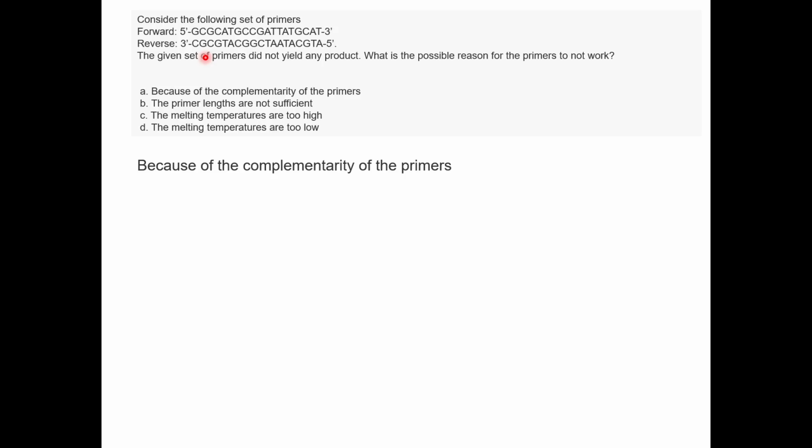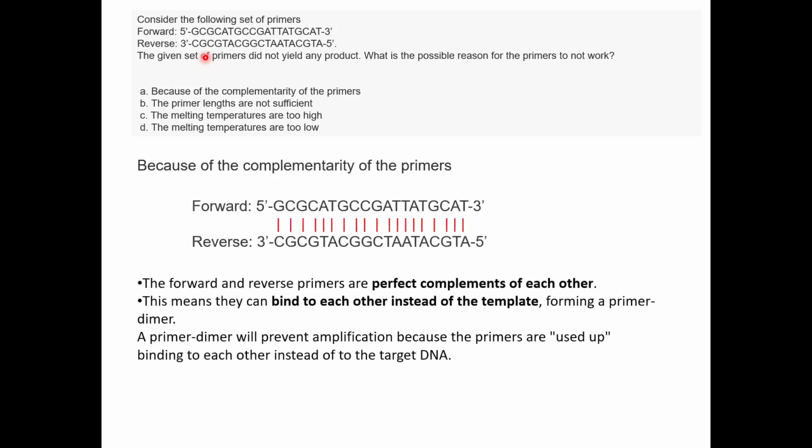We can see that the 5 prime and 3 prime ends of the forward and reverse primers are exactly complementary to each other. So G is complementary, CG, GC, again AT, then GC, AT, TA, AT.